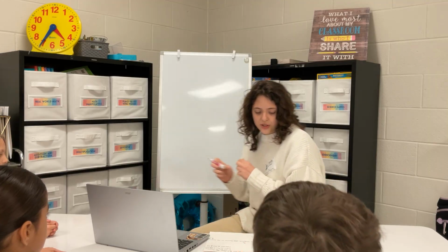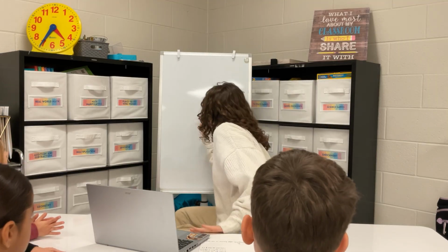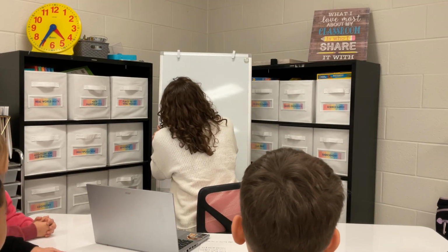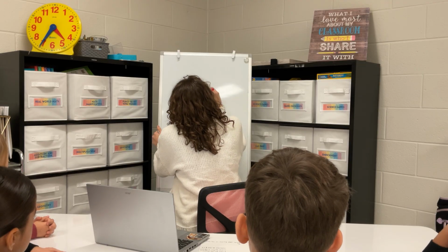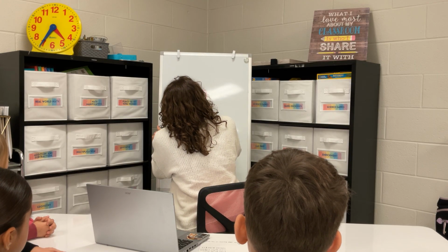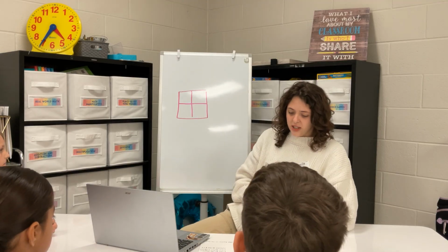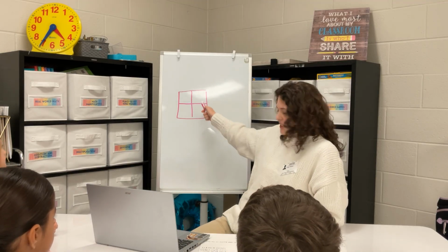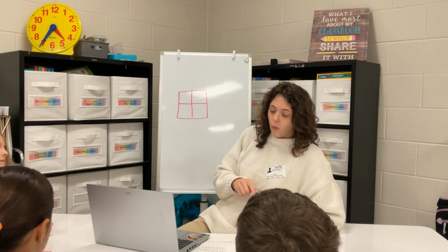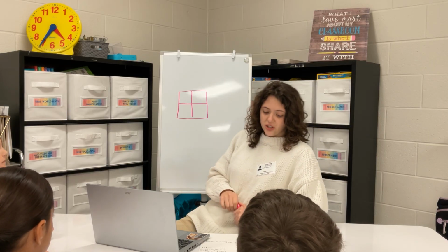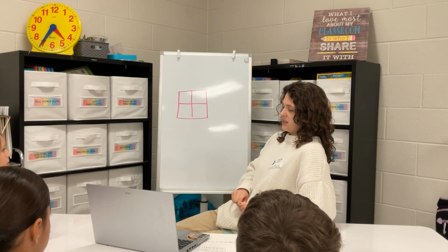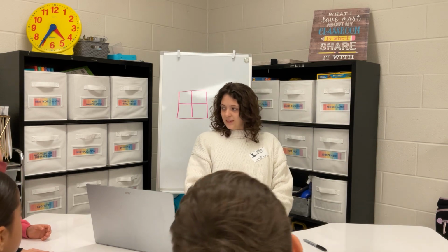Okay, so our first question, we'll draw out a square, because we love squares in this class. So we have a sandwich, and it's cut into 4 pieces. You eat one of them. What fraction of the sandwich is 1 piece? You have your answers?